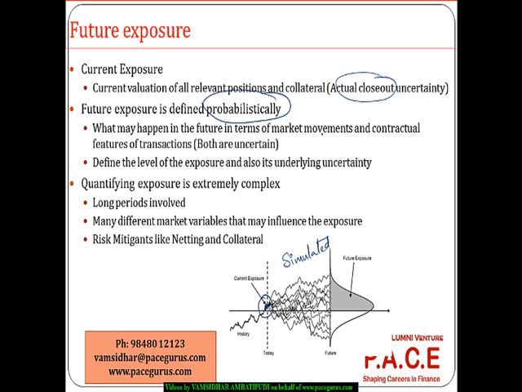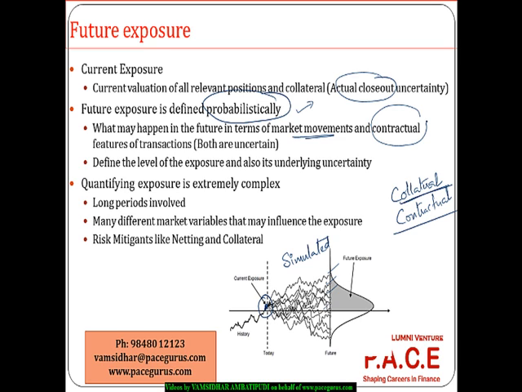So I will be defining it either in the form of a distribution or a probability associated with it. So what may happen in the future? It could be this much future exposure, this much; any of these numbers are very much possible. It purely depends on how all the market variables underlying the collateral move in future, and how the contractual values move based on the various underlying variables fluctuating.